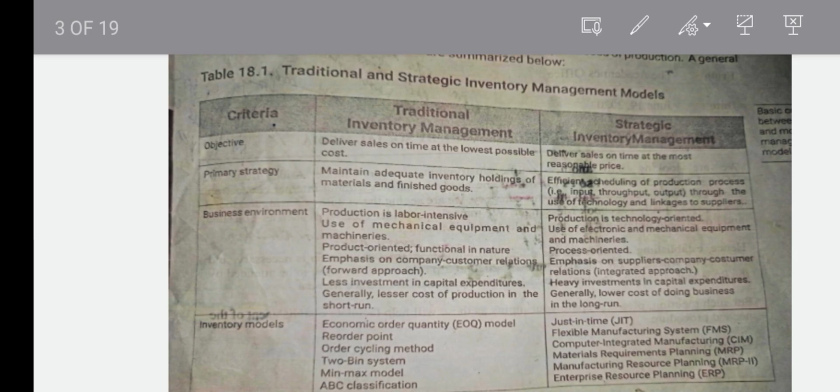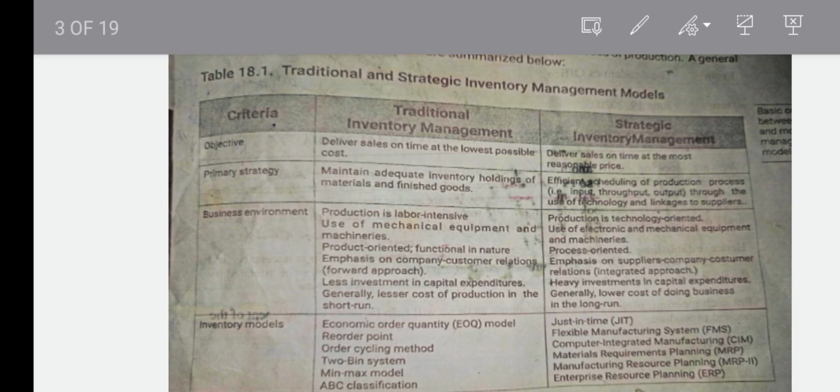The primary strategy in traditional inventory management is to maintain adequate inventory holdings of materials and finished goods, while strategic inventory management uses efficient scheduling of production process inputs through the outputs, through the use of technology and linkages with suppliers. Like I said, the focus of strategic inventory management is technology, which is good, because it makes our resources easier and more reliable to obtain.